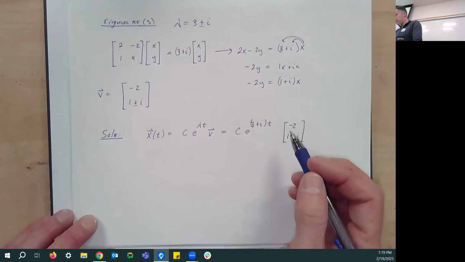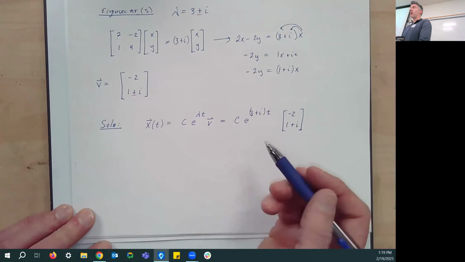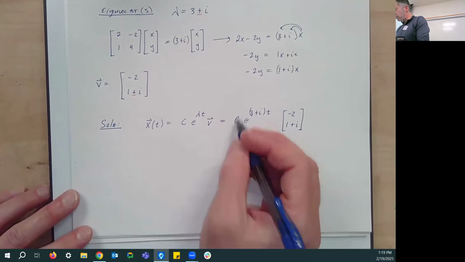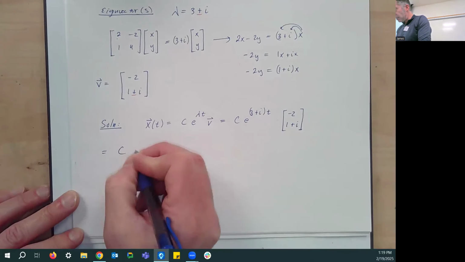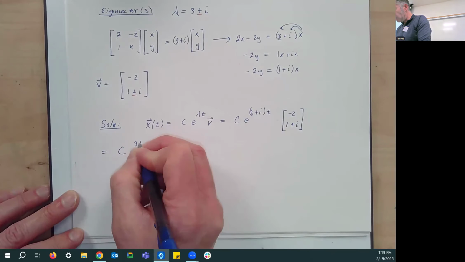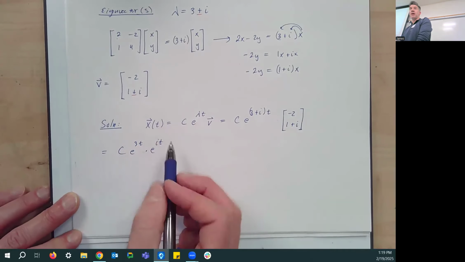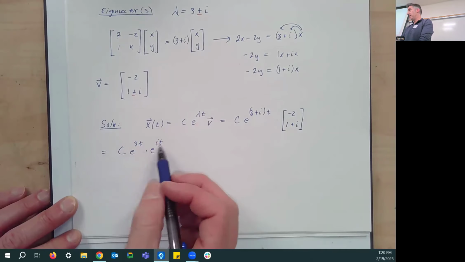Back to this. So what I'm going to do is the way I like to do it first, and then I'm going to go back and do it the way he does it and show you that you get the same thing, so you can see both ways and be fine doing it either way. So what I typically do here is I break this apart. It's c e to the 3t times e to the it. The mistake he made there was that he wrote e to the 3it, essentially.